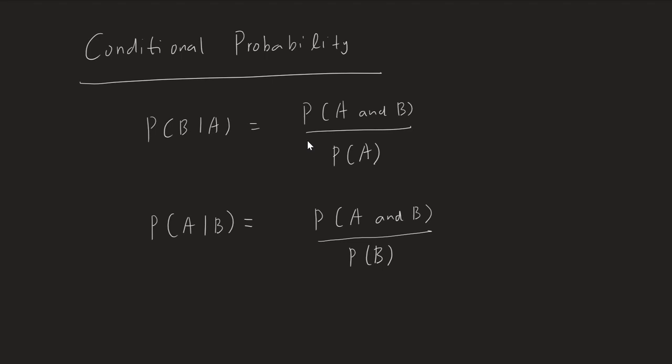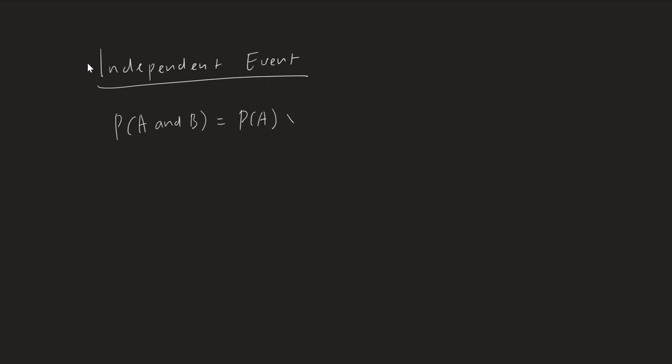For an independent event, you are correct: probability of A and B equals probability of A times probability of B.